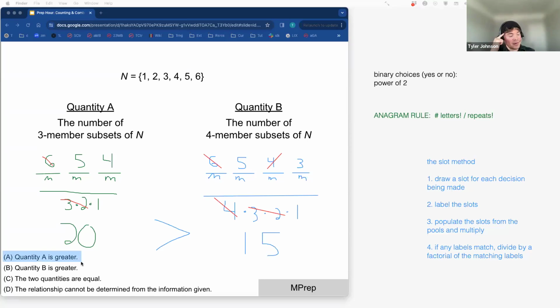Let's revisit this one for a second. If I change the setup here, instead of a 3-member subset, what if I had a 2-member subset? Does our answer change? Chat me what you think.